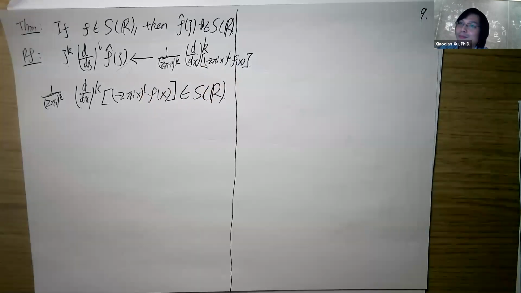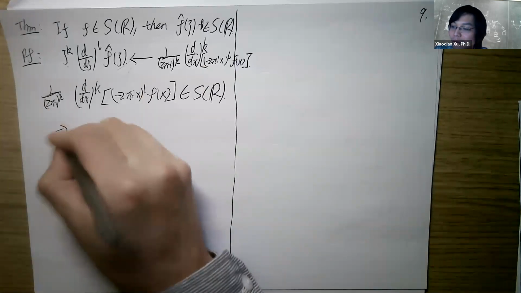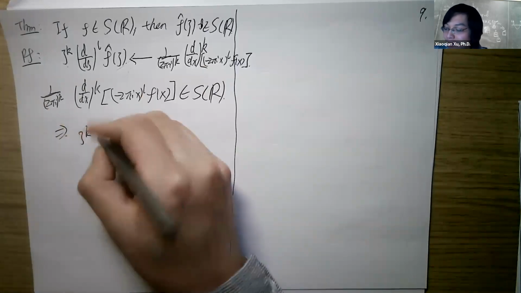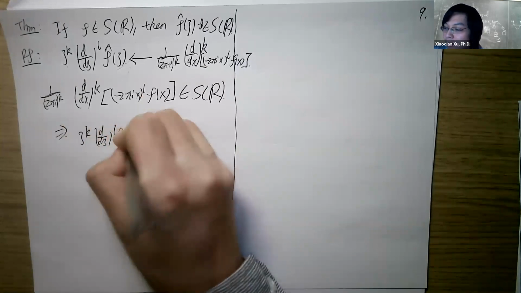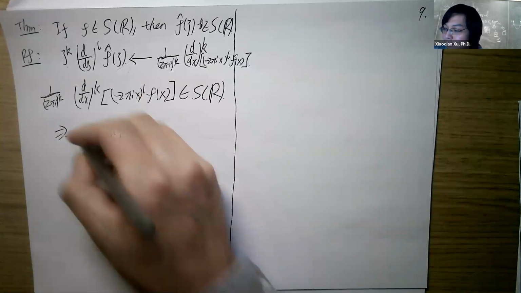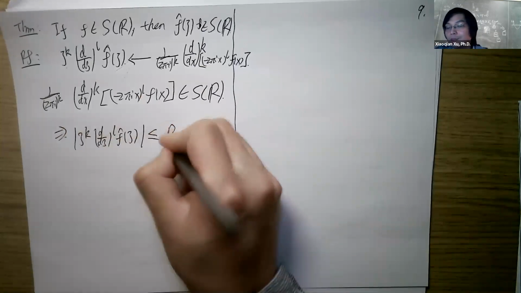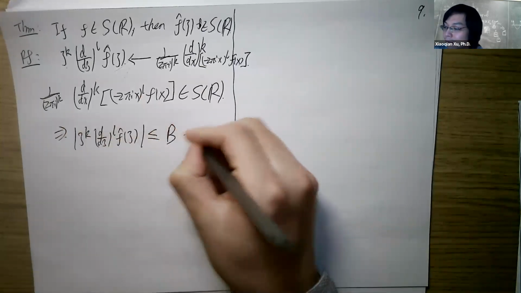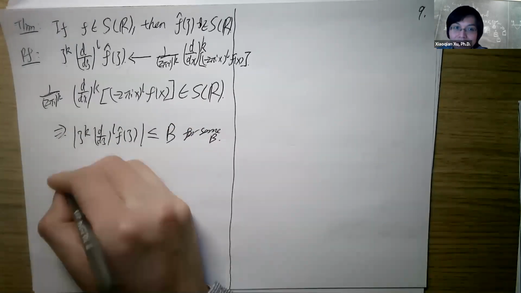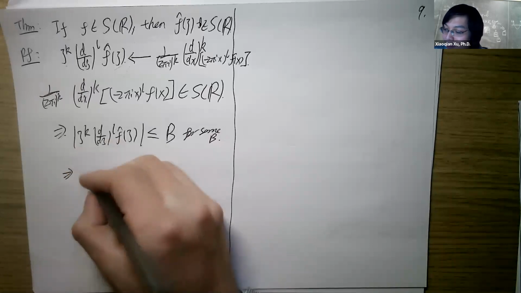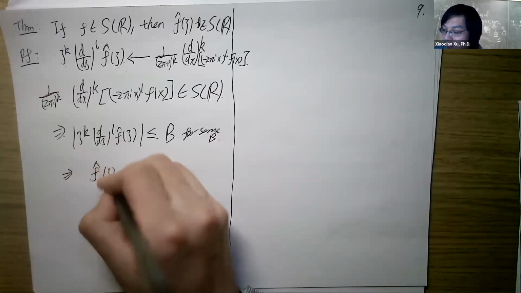You multiply by some polynomial, you take derivatives, it's still a Schwarz function. So we know that this is bounded above for some constant. So since k and l are arbitrary, f hat of ξ is a Schwarz function.